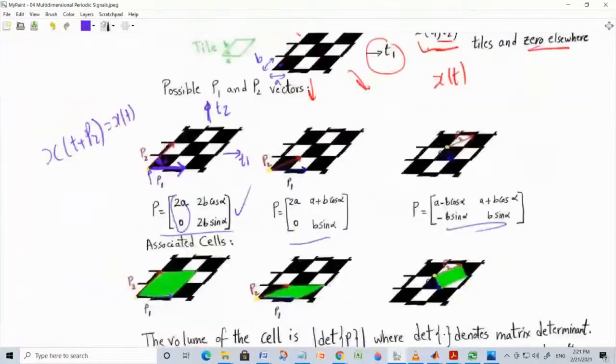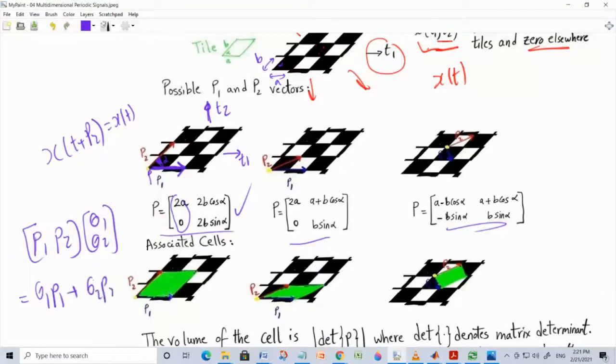So what about the fundamental cell? If you choose these two guys as your vectors B1 and B2, this is the fundamental cell. In 2 dimensions, it's B1, B2, our periodicity matrix, multiplied by theta 1, theta 2. If we choose T0 to be equal to 0, 0, this is theta 1 B1 plus theta 2 B2.